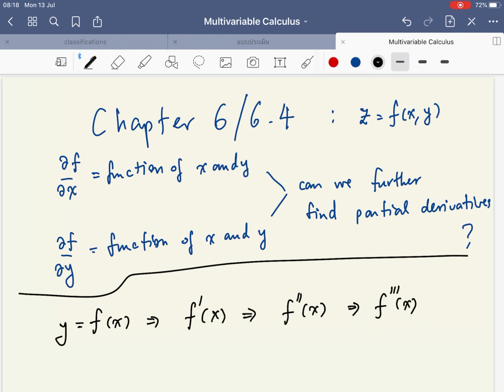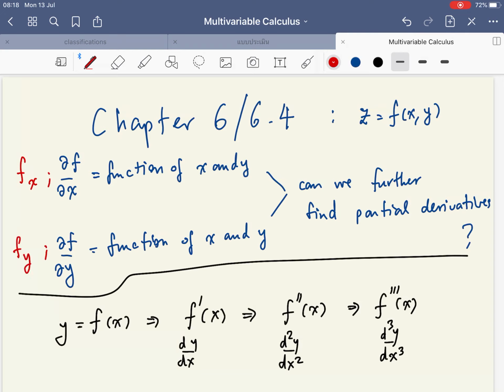We also have other notation, dy by dx, d2y by dx square, and d3y by dx cube, something like that. We also have another notation, f sub x and f sub y.